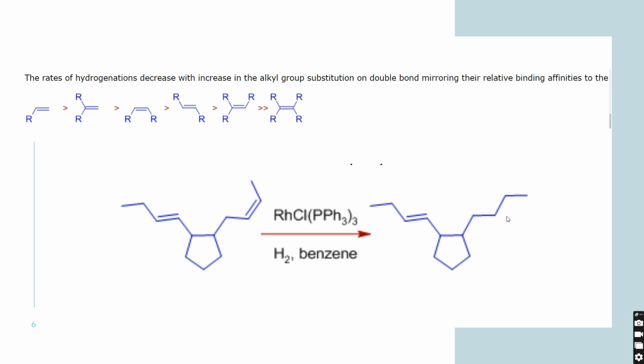Why is it so? Because if you look at the geometry of the two double bonds, one is a cis double bond with Z stereochemistry, and the other is an E olefin.